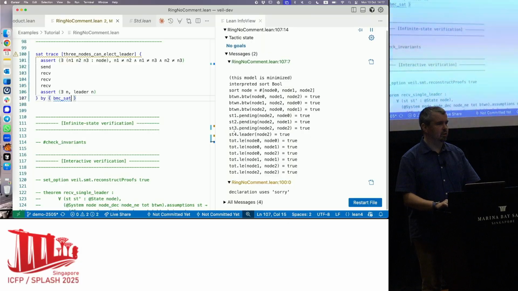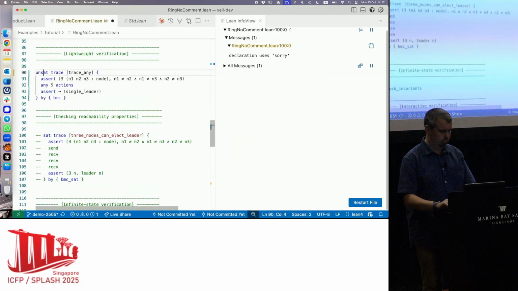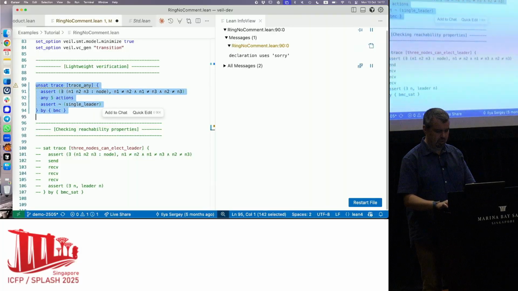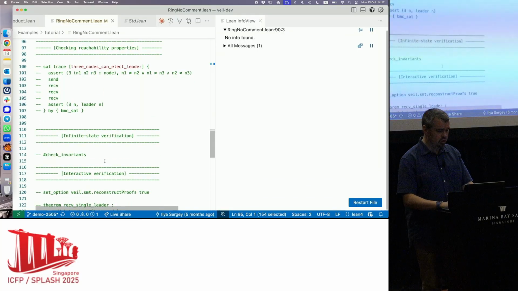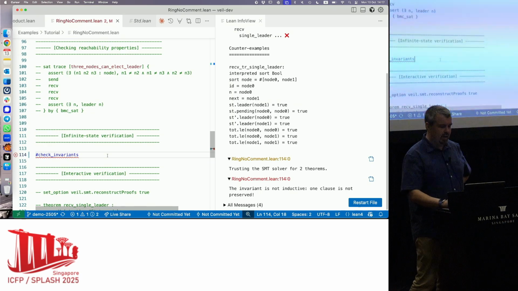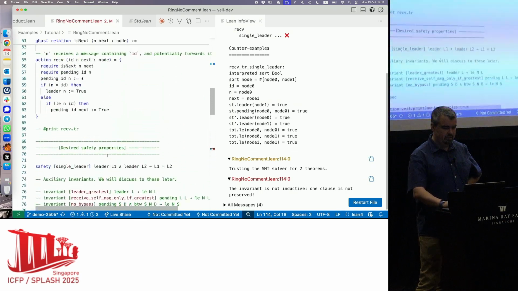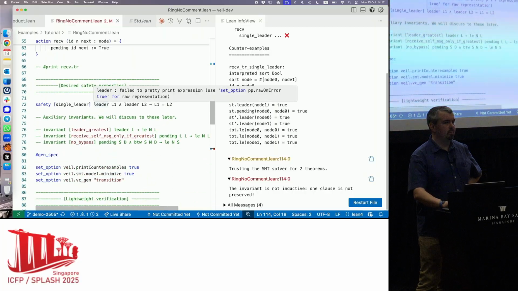Well, I'm not going to stop here. I'm actually here for the full-blown verification of this protocol. To make things faster, let me comment out these 2 properties so we wouldn't have to recheck them every time we change something above. I'm going to check that this invariant holds. Meaning that if I start from any state which already satisfies this property, and I take one of these transitions, this property still holds.